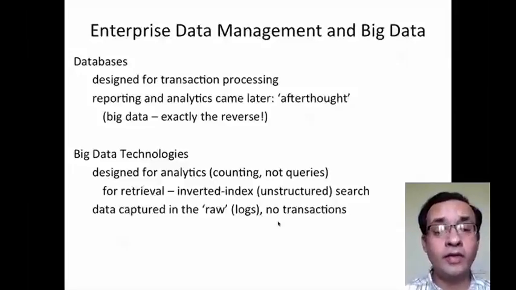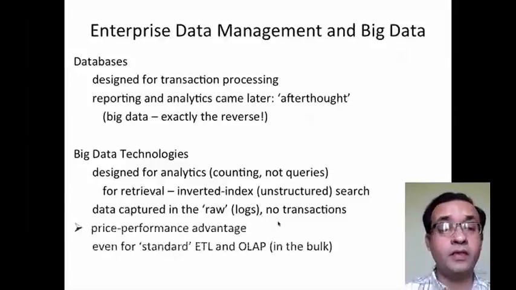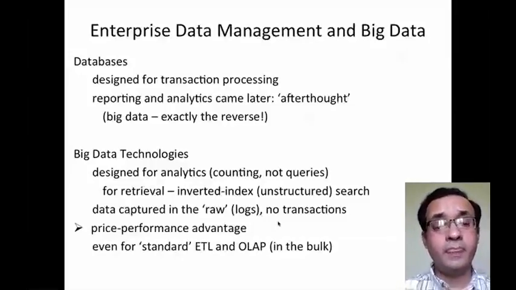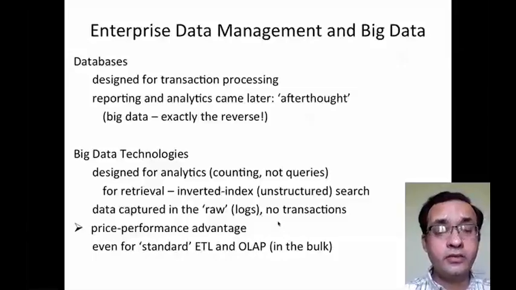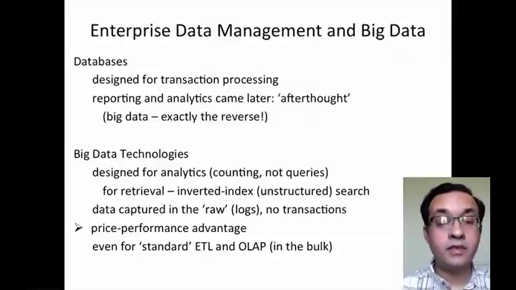So the overhead is much less in terms of the data capture. The blow up is much less in terms of how much extra data needs to be stored. As a result, it turns out that in the enterprise world, people are perceiving a price performance advantage even for standard extract, transform, load tasks, as well as some bulk query tasks, and that's why things like Dremel become important.